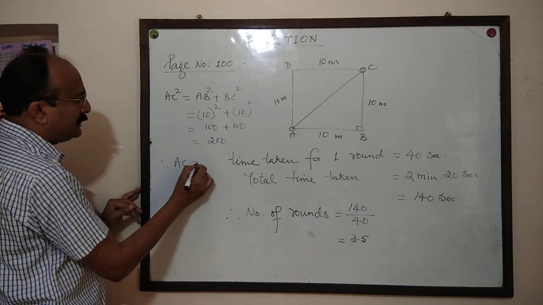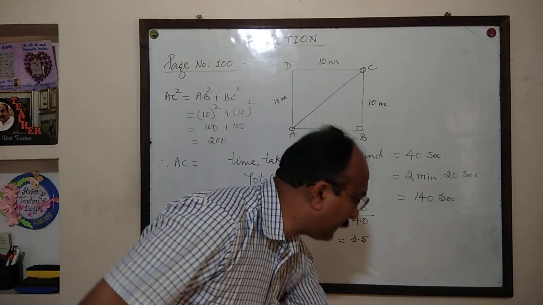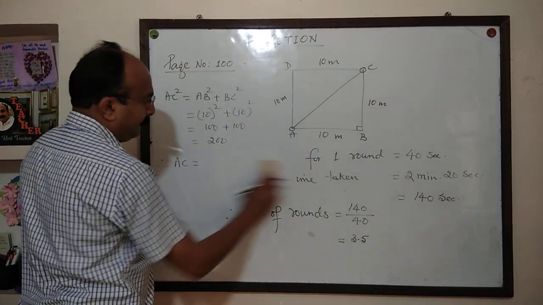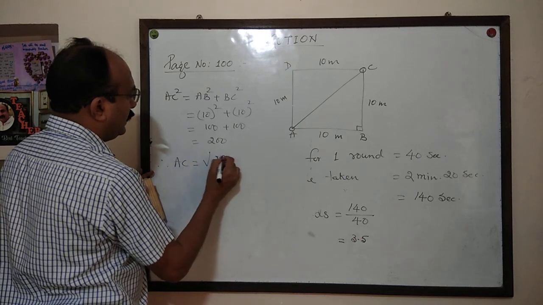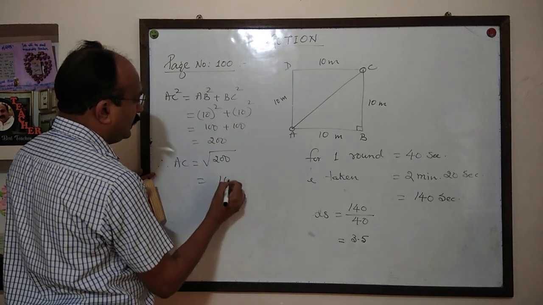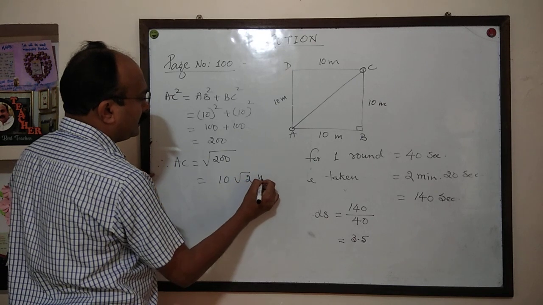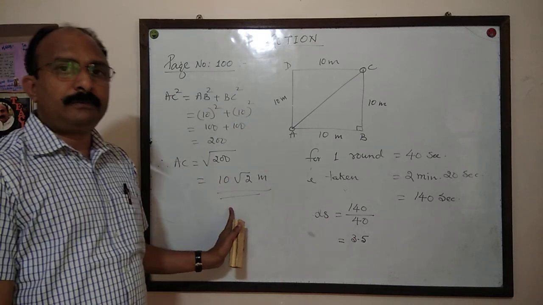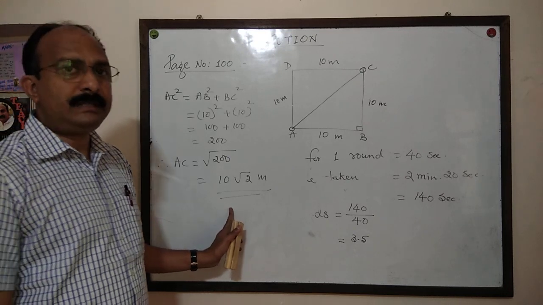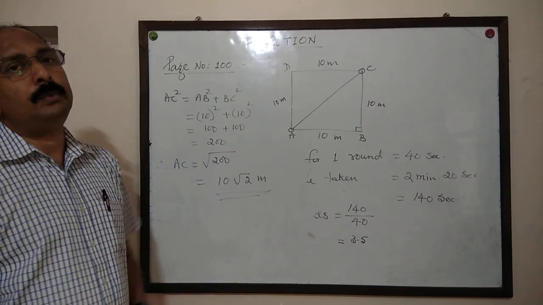Therefore, AC is equal to under root 200, is equal to 10 root 2 meter. Therefore, displacement of the farmer after 40 seconds will be 10 root 2 meter.